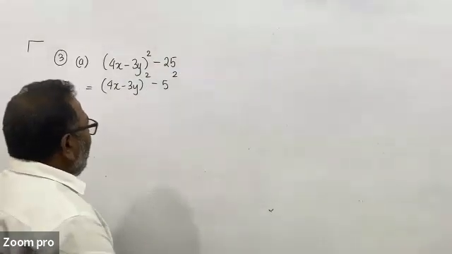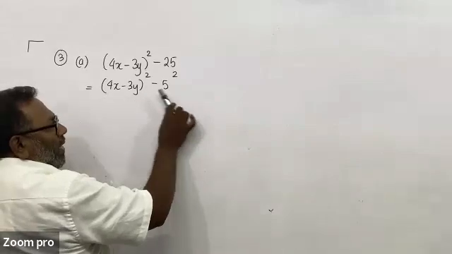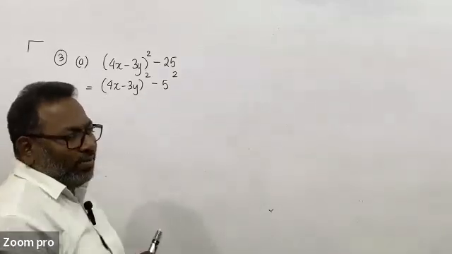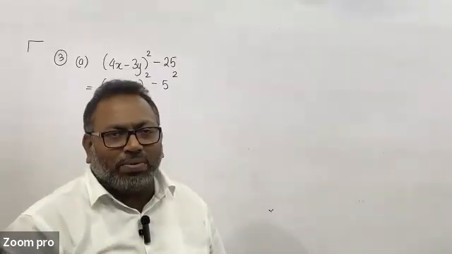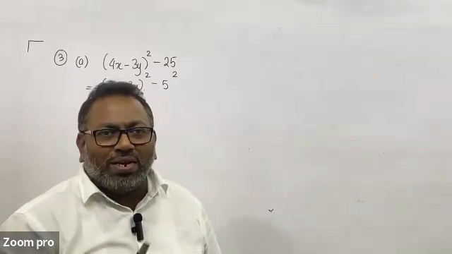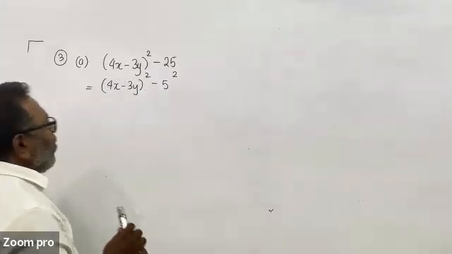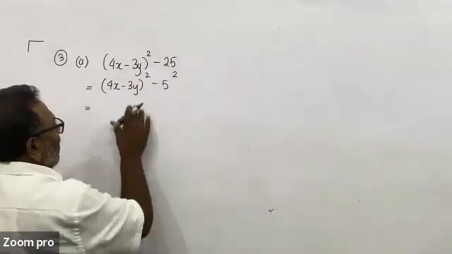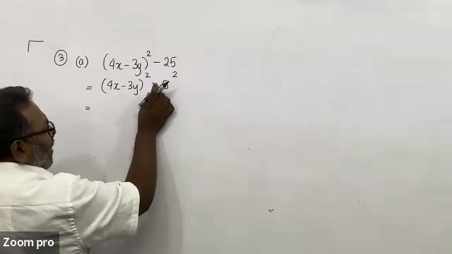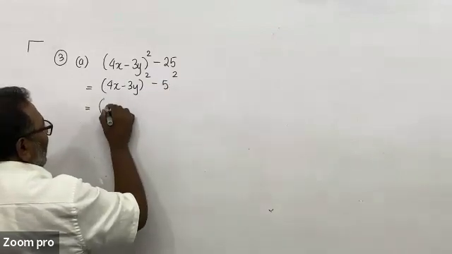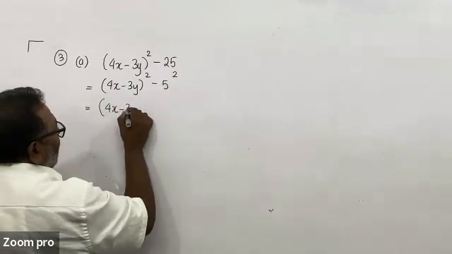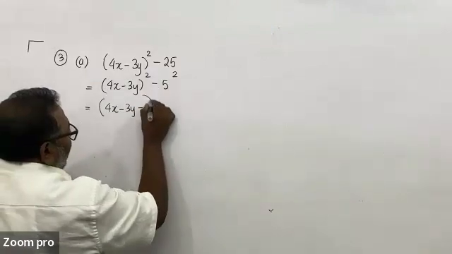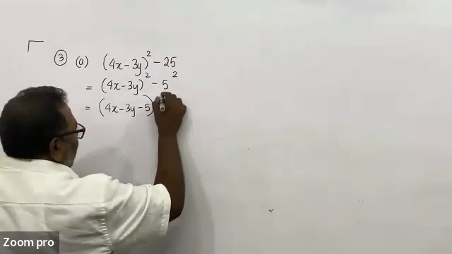Now if you see, you have two square numbers and you're subtracting. Two square numbers and subtracting means we call that a difference of squares. So difference of squares, what do we do? Very easy. (4x minus 3y minus 5) is one factor.